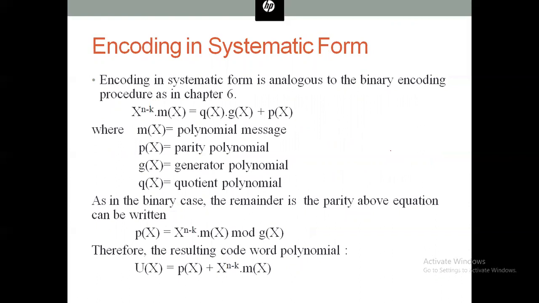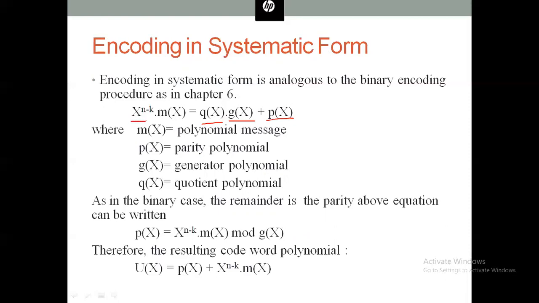Now we have encoding a polynomial in a systematic form. So that's the same as we did with the cyclic code, that we have the quotient and the remainder. The remainder is the parity which is added to the symbol, and that is the generator polynomial.